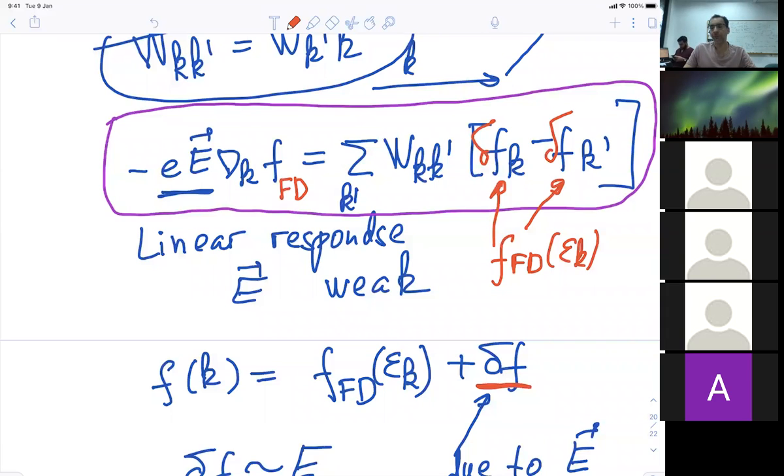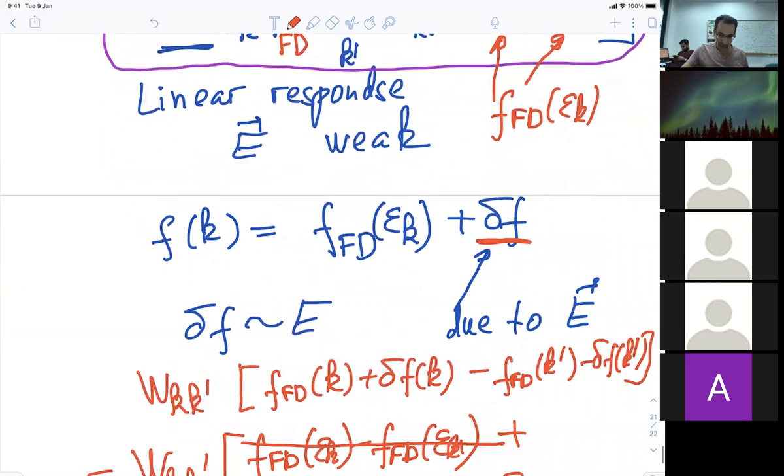Okay, so if this is clear, then let's try to analyze this equation. And if you say f is about the Fermi-Dirac distribution, can't you say the delta f is the derivative? Delta f, almost.